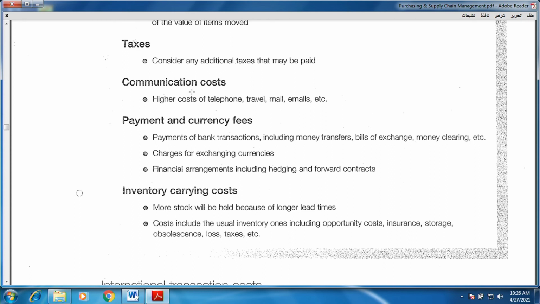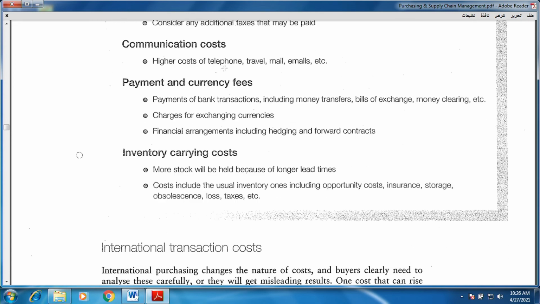There is communication cost. You do some telephone calling, traveling, emails, some DHL mails. You can add the international bill of these international communications as part of the cost.